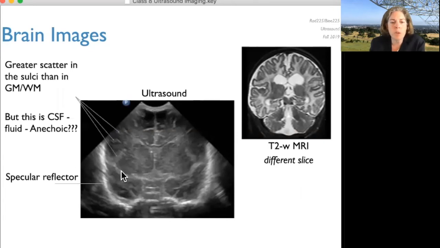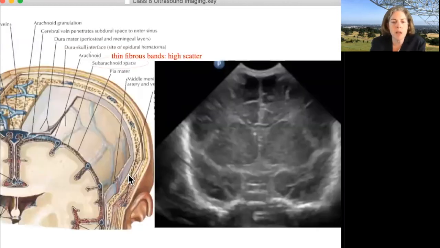What's going on here, because we usually think of the CSF as anechoic, but here in the sulci, it seems to be hyperechoic. And if you look at the anatomy, then what we see is that in the subarachnoid space, there's fibrous bands in there. And those, remember we were talking about what gives rise to speckle, that there's echoes that come back from collagen.